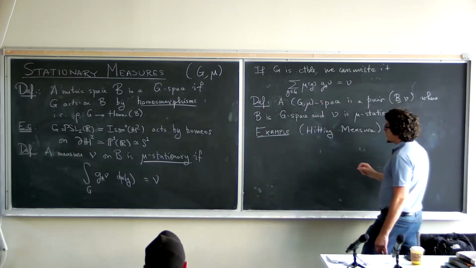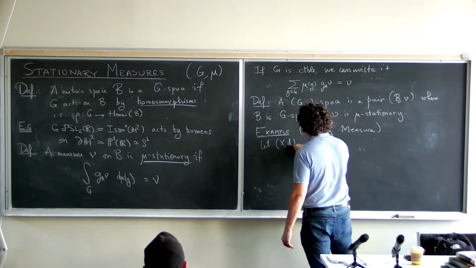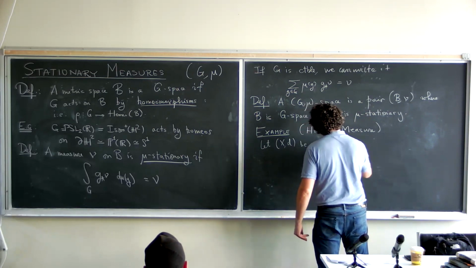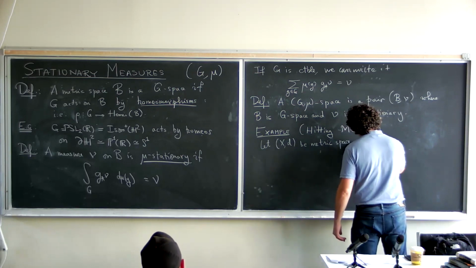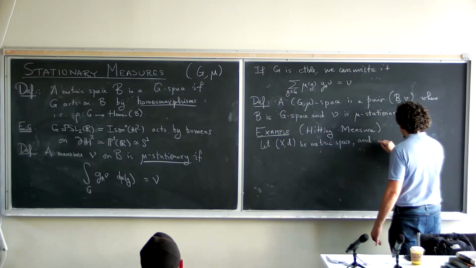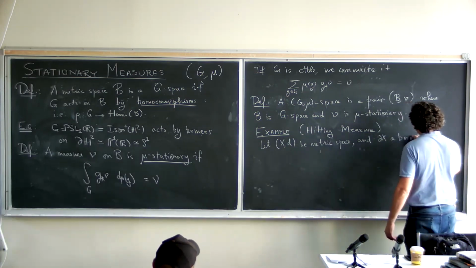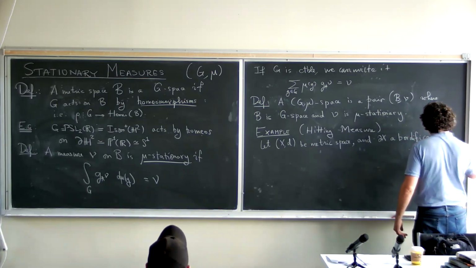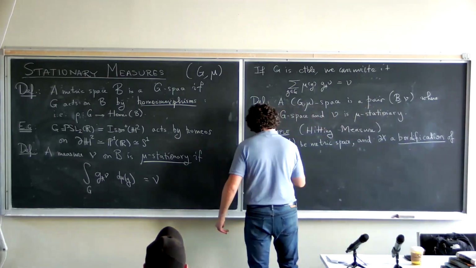So you let X be a metric space, and a boundary, a bordification of X. What does it mean?